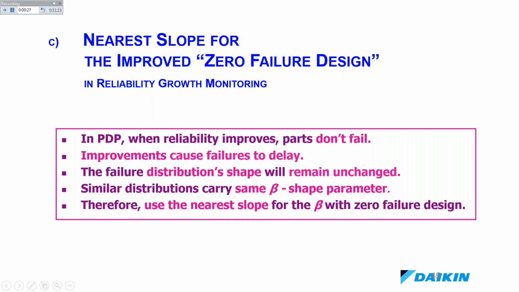I mean, everything fails one day, but not within your design life. The failure distribution's shape, like the beta parameter, will remain unchanged. So similar distributions carry the same beta shape parameter. The only thing that changes is eta, the characteristic life. Therefore, use the nearest slope for the beta with zero failure design.